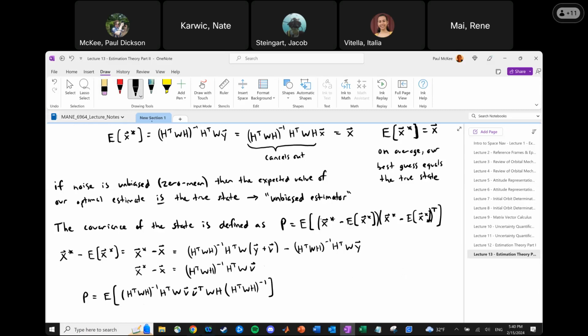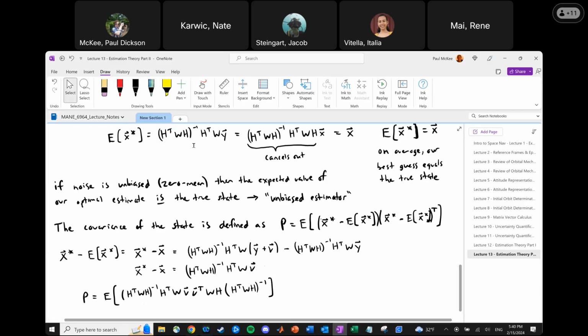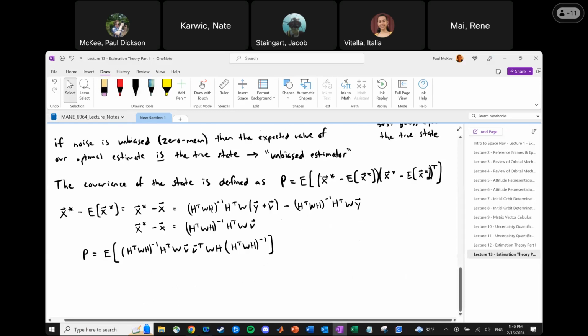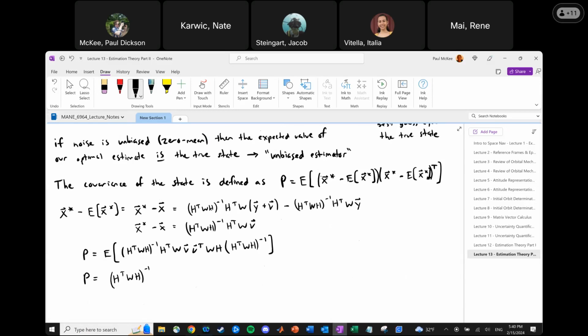So let's try simplifying. One of my favorite things about the expected value operator is it skips over everything that isn't a random vector, right? So P is equal to (H transpose W H) inverse H transpose W, expected value of nu nu transpose, W H (H transpose W H) inverse.